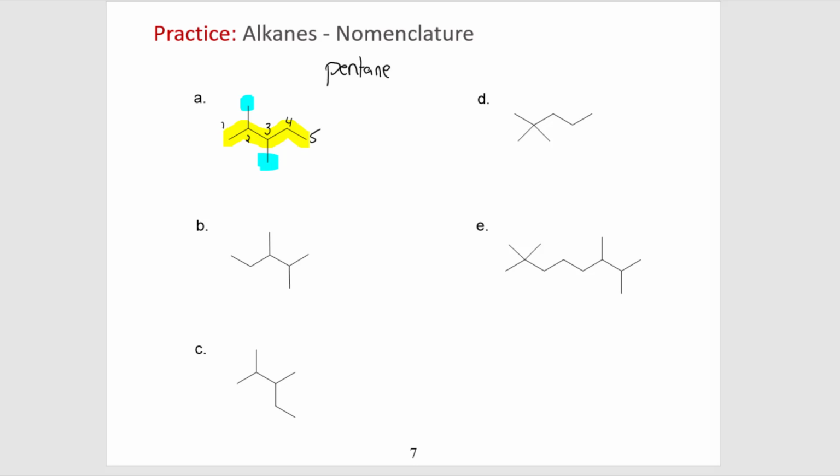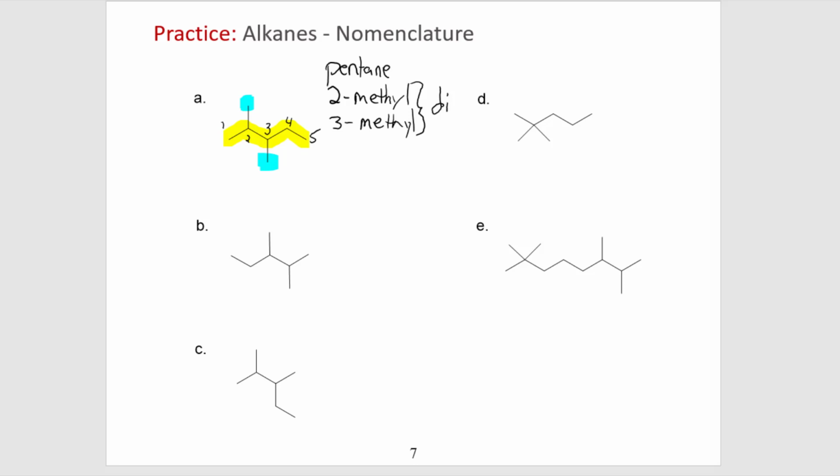So pentane. At carbon 2, there's a methyl group. At carbon 3, there's a methyl group. Now this is a good example because we don't want to say 2-methyl, 3-methyl pentane. It's kind of redundant. Whenever you have the same substituent but in different locations, even if you have it in the same location, all we're going to do is group them so that we don't have to write so much and add another prefix, in this case, di.